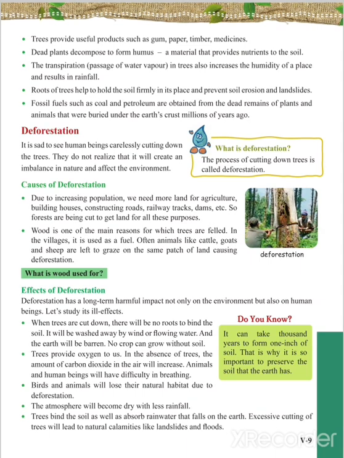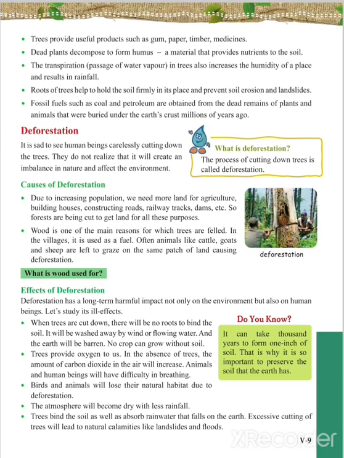No crops can be grown without soil. So, soil is very important. But soil requires thousands of years to form a layer. So, we need to take care of soil erosion.